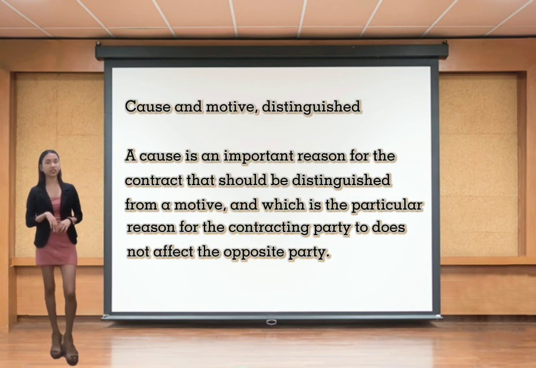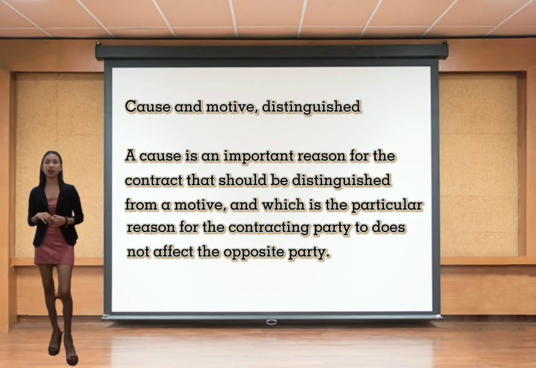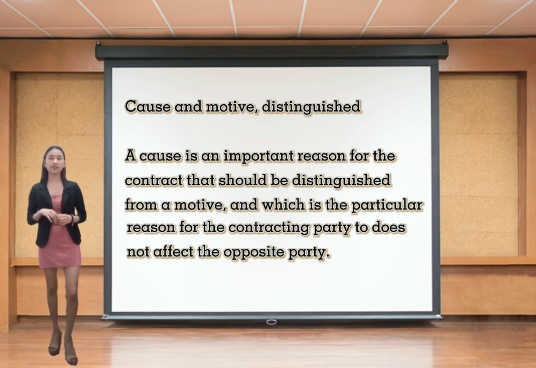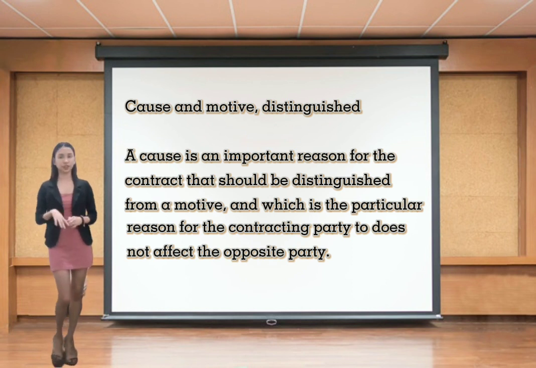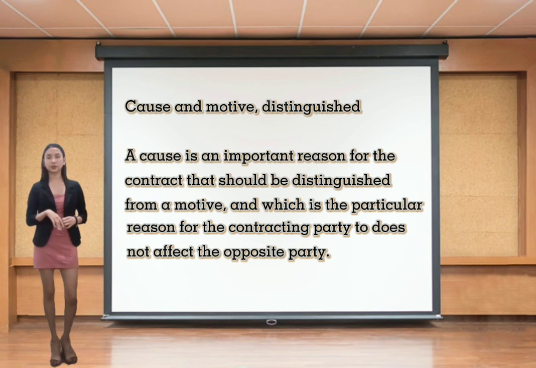Cause and motive distinguished. A cause is the important reason for the contract that should be distinguished from a motive, which is the particular reason of the contracting party and does not affect the opposite party. Motive and cause differences.